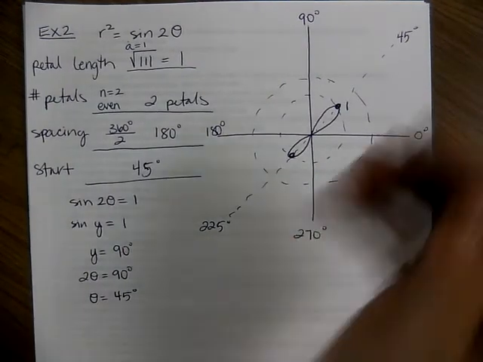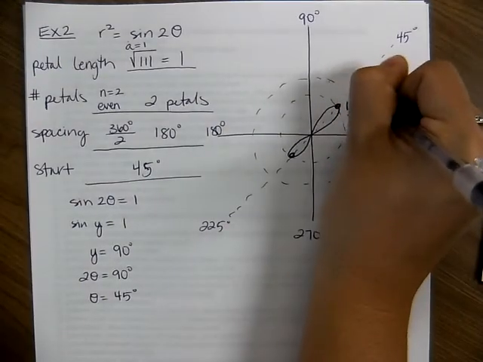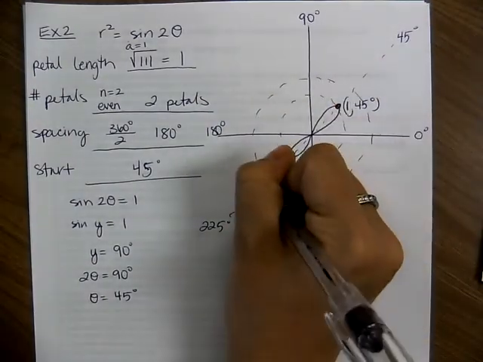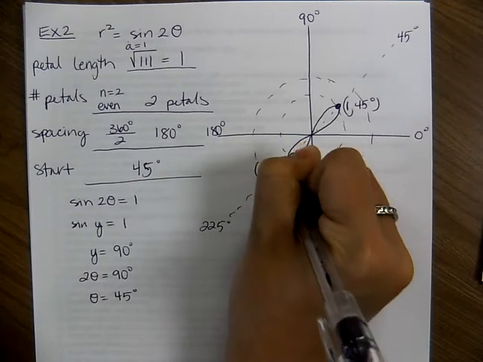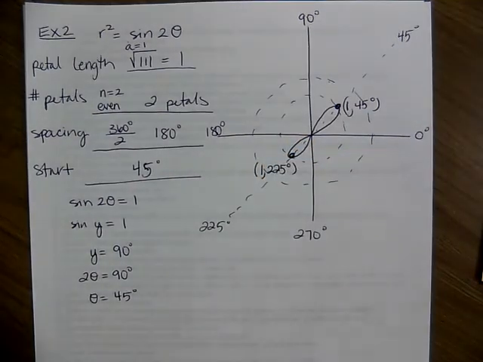If you want to label those 2 points, you can, like 1 at 45 degrees or 1 at 225 degrees. You can, but once we get a lot more petals on here, that's kind of aggressive labeling. So I would just say label the length and I'll be happy, okay? Just of 1, you don't have to label them all.